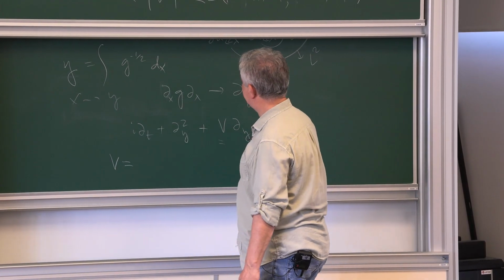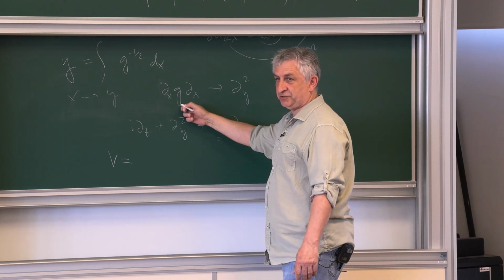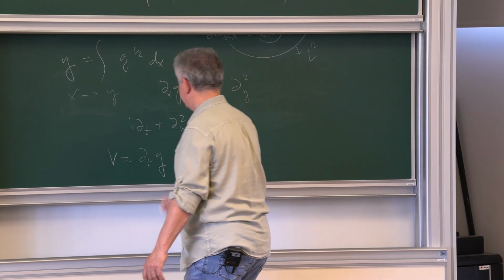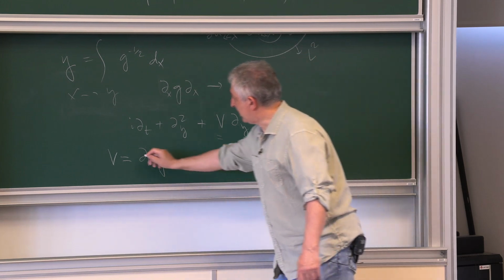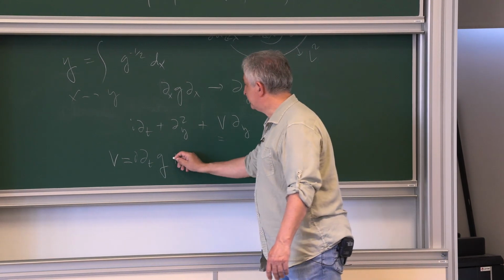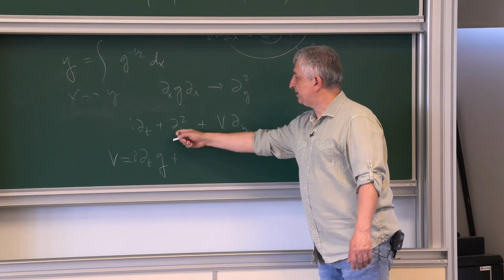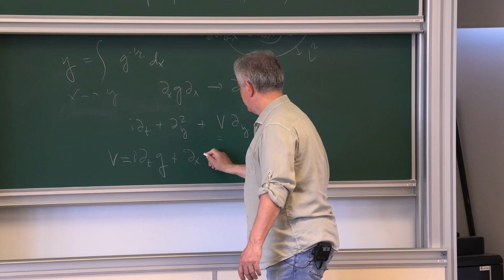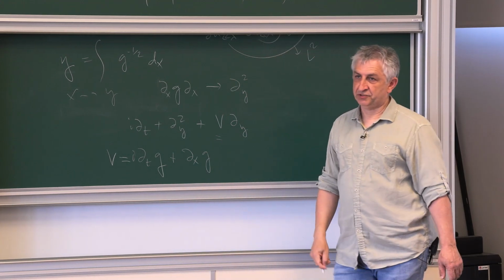One component comes from the time derivative of the metric, maybe with an i, because dt comes with an i. And the other component comes from commuting the metric with the derivatives, so an x derivative of the metric, more or less.